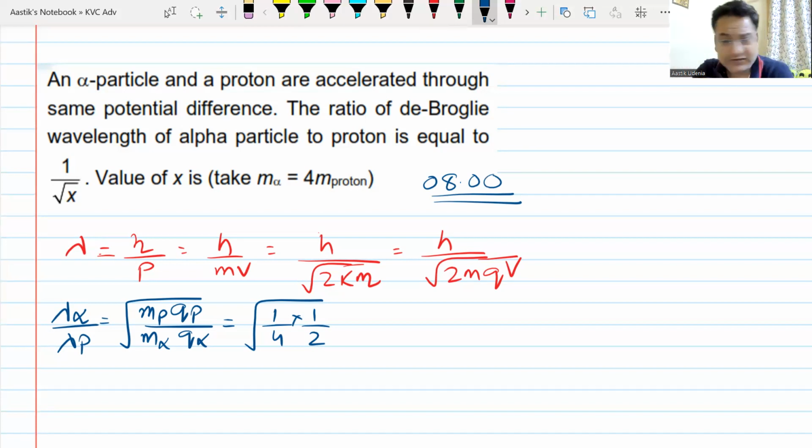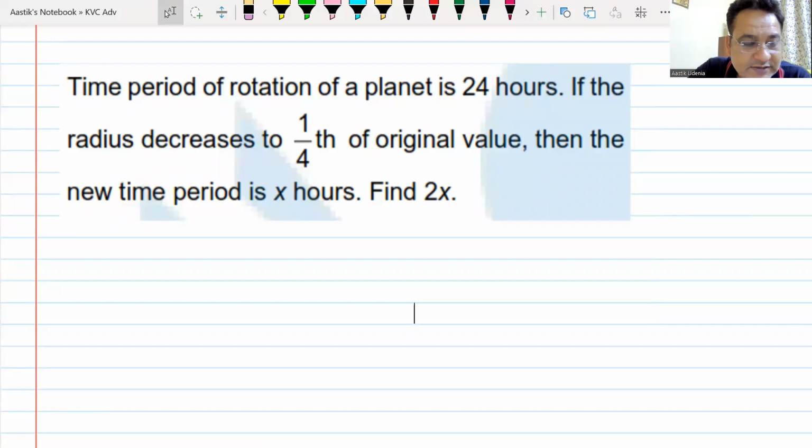You've done 100 questions on the same pattern. You just have to remember any one of those and then pray to God that you don't make mistakes in calculations. We had done 200 questions on the next question also. Time period of rotation of a planet is 24 hours. If the radius decreases to 1/4, the new time period is x hours. Find the value of 2x.